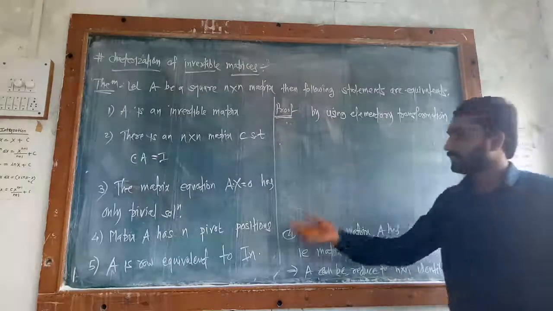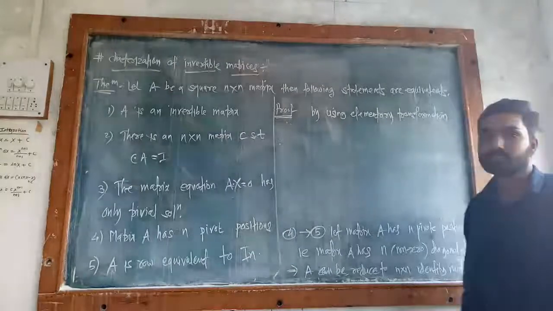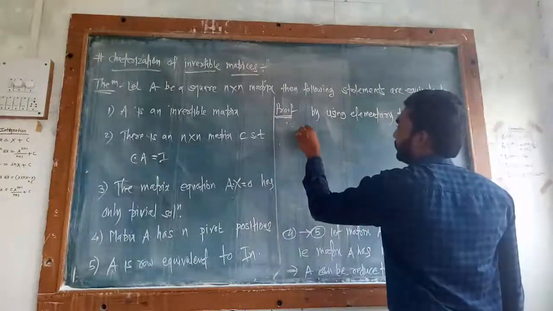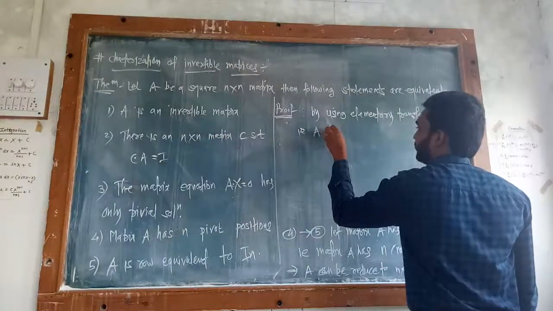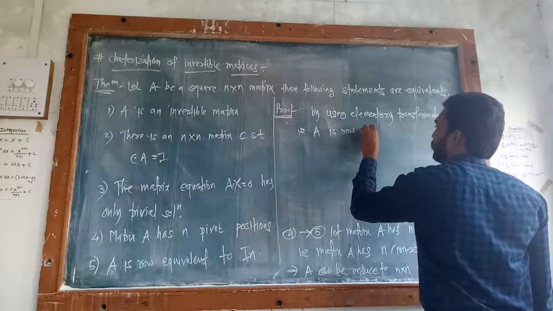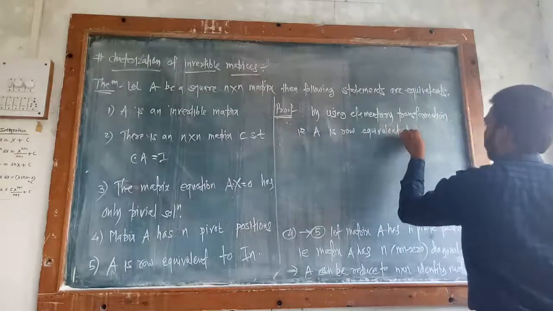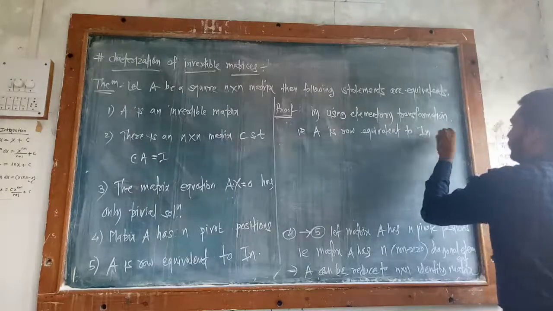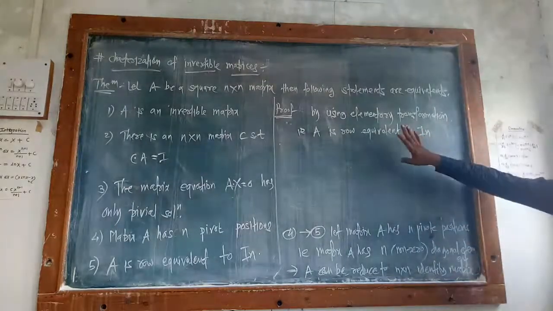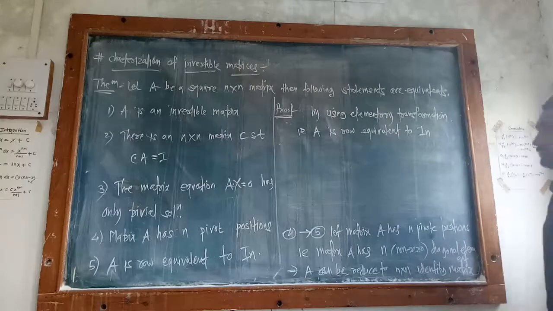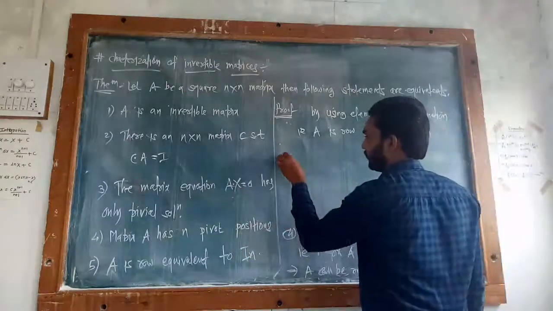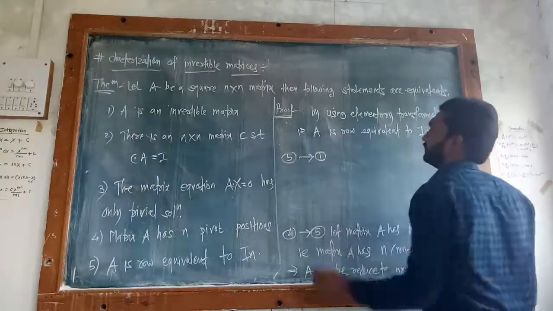So this implies that A is row equivalent to the n cross n identity matrix. Okay, this is proved. Now the last part: we have to show that fifth implies first.